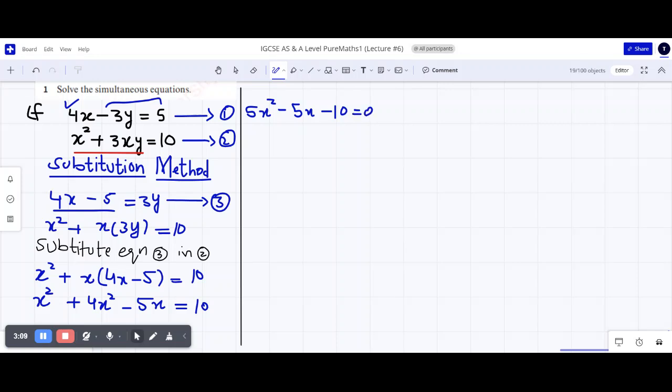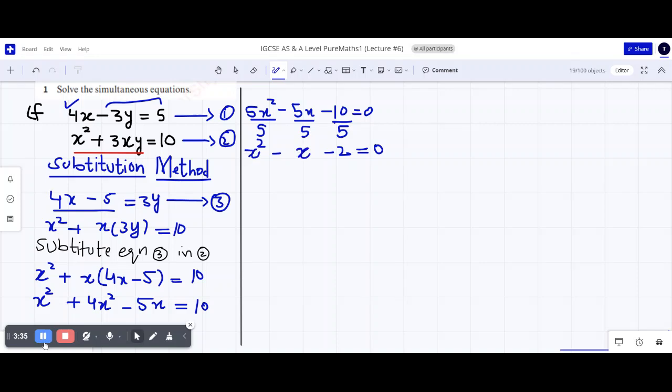Then 5 is common in all, so we divide the whole equation by 5, and 0 by 5 is 0. So it would be x squared minus 5x, the 5 cancels with the 5, so minus x minus 2 equals 0.